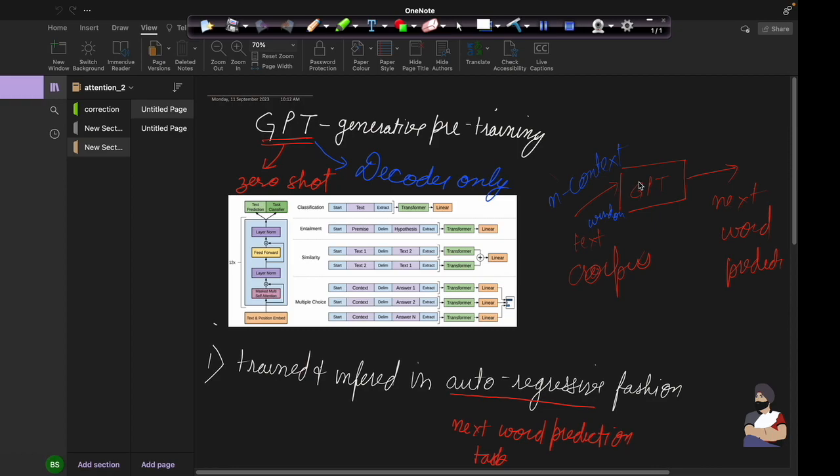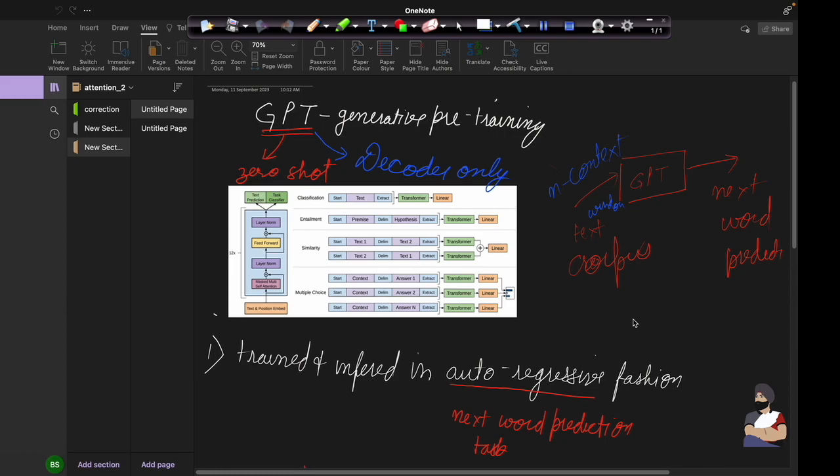Suppose we have a paragraph of 32,000 words and we feed it forward into GPT, and we do back propagation, and after that the model is able to predict the next words based on the vector representation of the input corpus. So this is how GPT works.